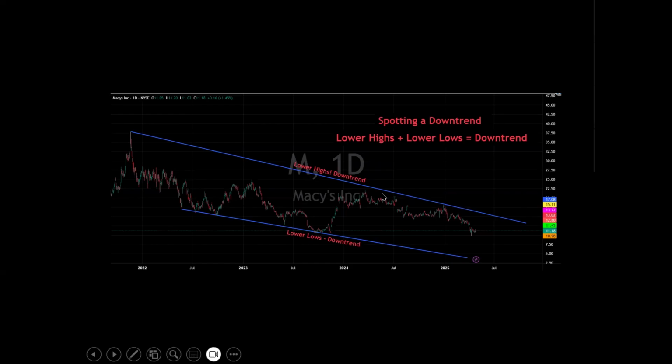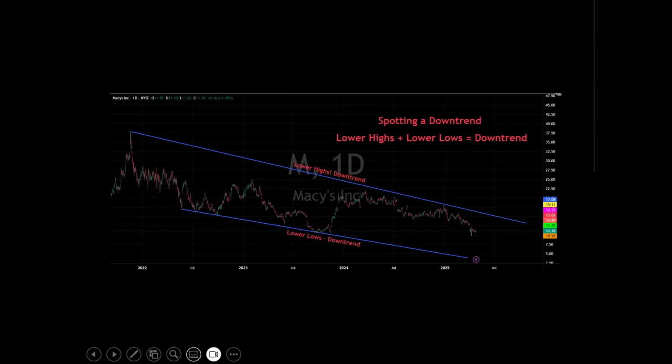This high is lower than that one. So it's a lower high. Just like lower lows: this low is lower than that one, this low is lower than that one, and these lows are lower than those. So therefore, we have lower lows. When you have lower highs and lower lows, that's a downtrend.